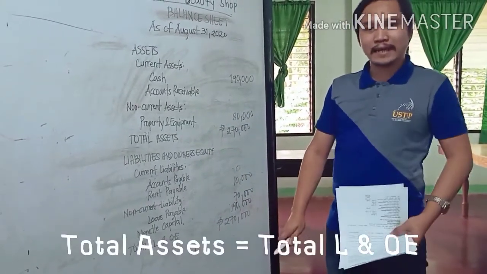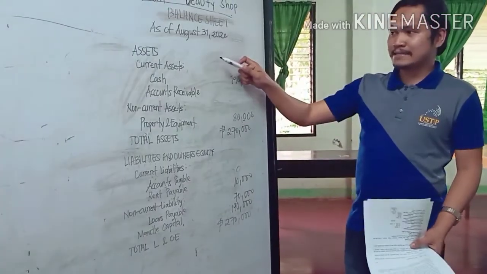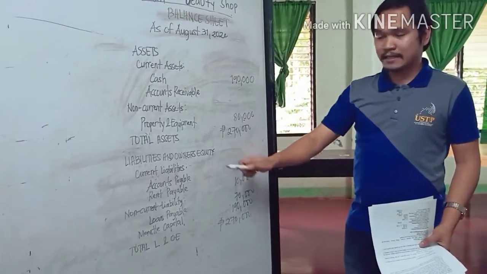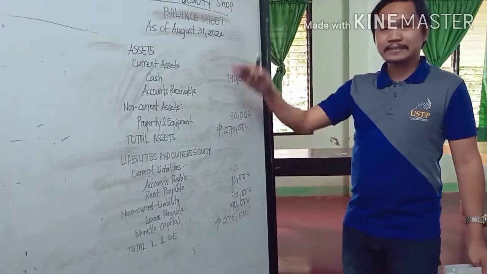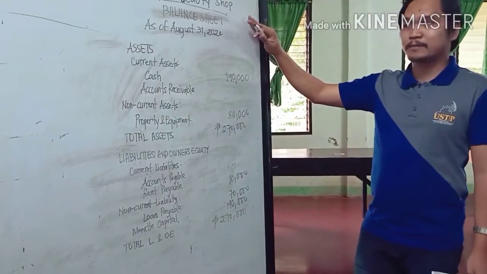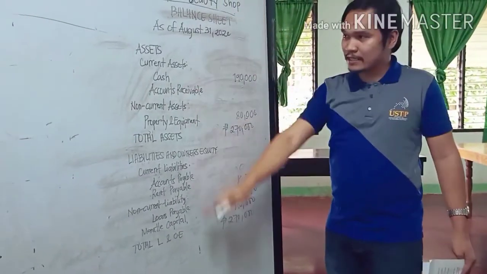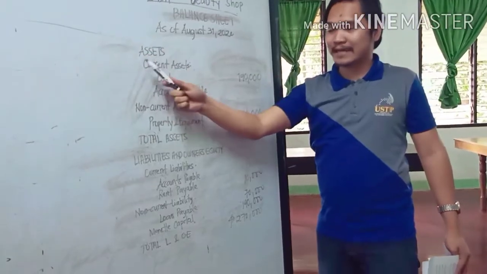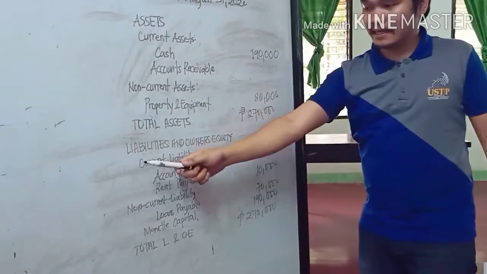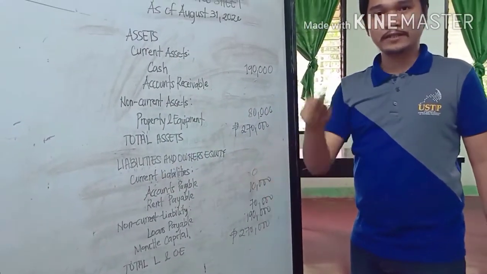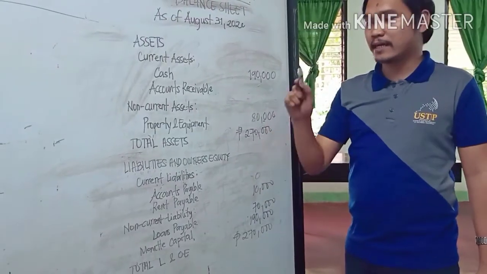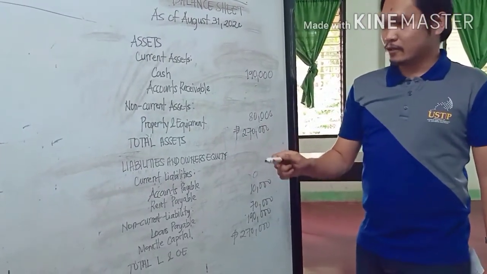That is why it is called a balance. So our assets should balance with the liabilities and owner's equity. This is just part of our balance sheet. We have the assets and then the liabilities and owner's equity. So we all know that assets equal liabilities plus owner's equity.